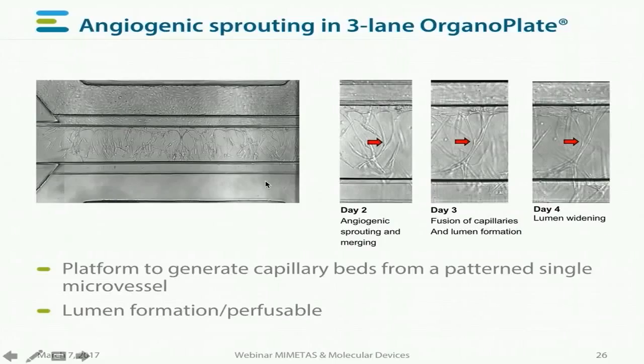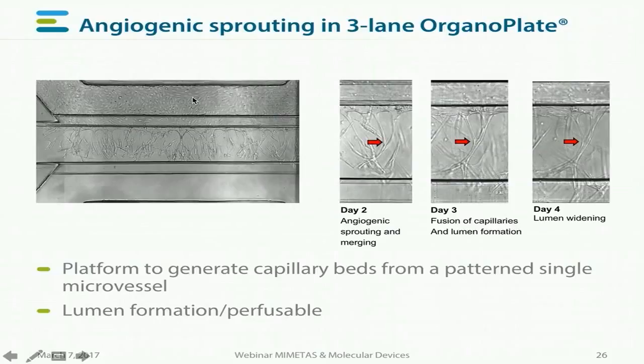When we have an endothelial tubule, in this case in a 3-lane organoplate, so there's a perfusion lane at the top, a perfusion lane at the bottom, and there's a gel lane in the middle. We grew an endothelial vessel right here in the top lane, and then we added a mix of angiogenic factors to the bottom lane.